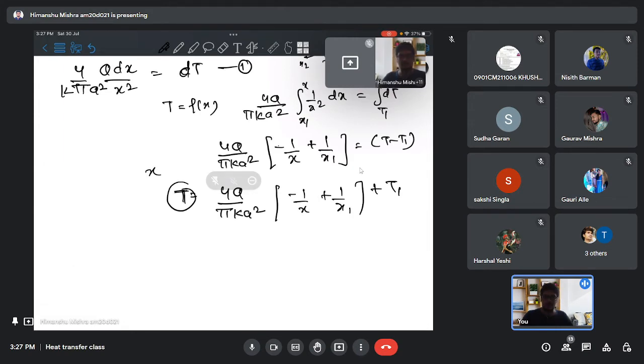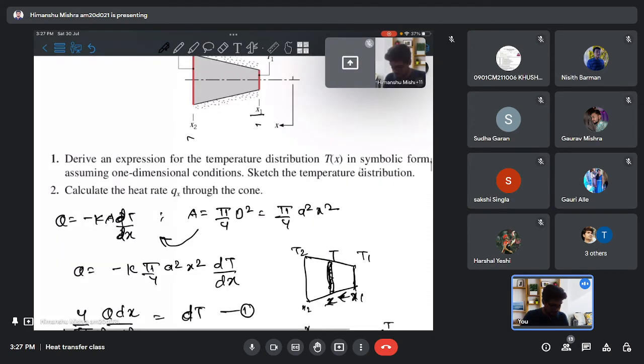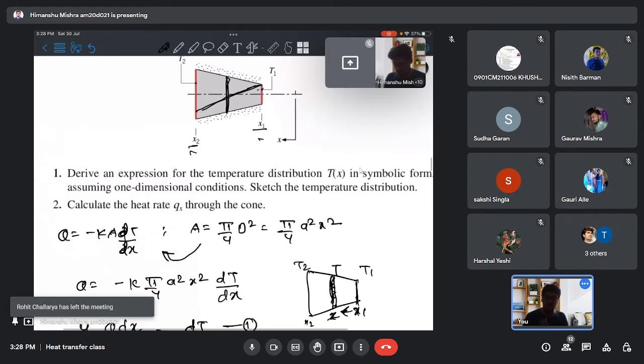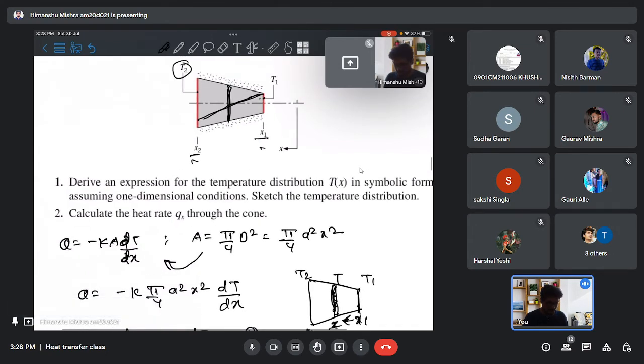Now if I want to define the heat transfer, I don't know anything about Q. What is the heat transfer from x1 to x2? There will be some profile from x1 to x2, and as of now I am defining some temperature at some random location x. To define the total heat transfer inside this body, I need to substitute the temperature T2 in place of T and x2 in place of x.